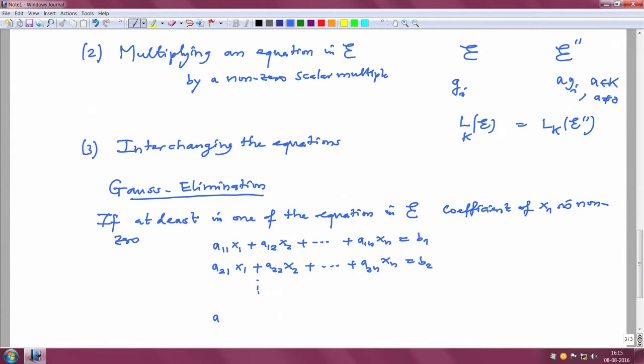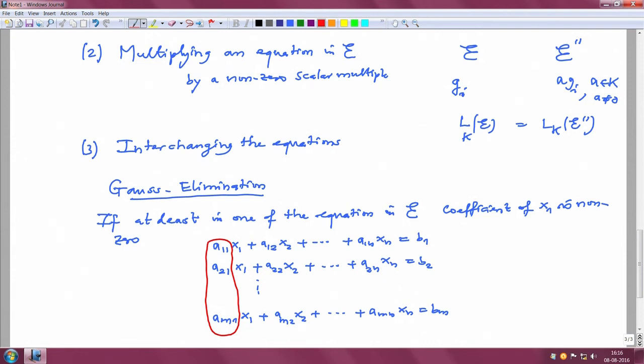The mth equation is am1 x1 plus am2 x2 plus ... plus amn xn equal to bm. So, at least one of these coefficients is non-zero.